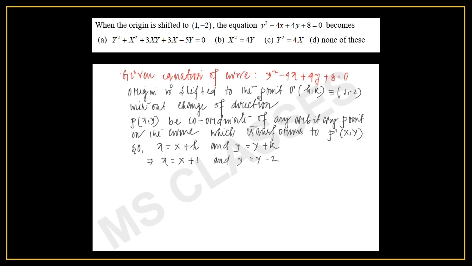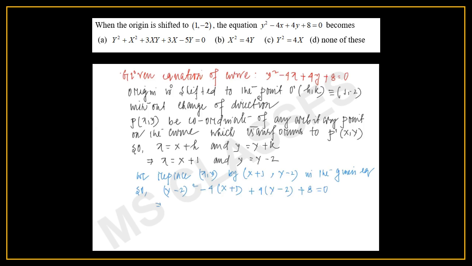So we replace small x comma y by capital X plus 1 comma capital Y minus 2 in the given equation. So it is (Y minus 2) whole square minus 4(X plus 1) plus 4(Y minus 2) plus 8 equal to 0.